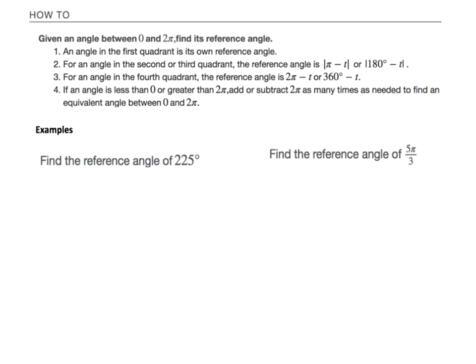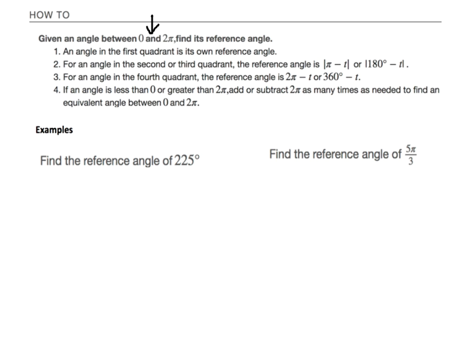So, how to? If we're given an angle between 0 and 2 pi, and we want to find its reference angle, how do we do that? Well, for an angle in the first quadrant, it is its own reference angle. So that's pretty easy. Anything less than 90 degrees, that's your reference angle.